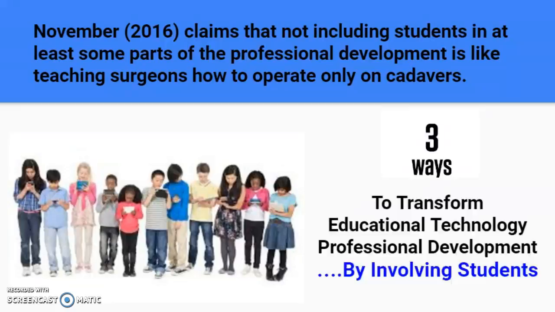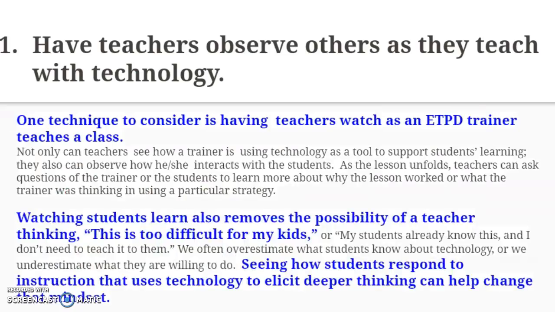So he proposes 3 ways that we can transform our educational technology PDs by involving students. Number 1, have teachers observe someone as they teach with technology. So observe the trainer going into a classroom and actually watching how they are teaching technology, instead of just, again, having teachers sit and get and listen and really not any relevant connectedness.